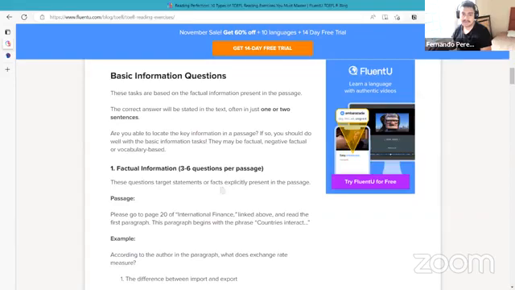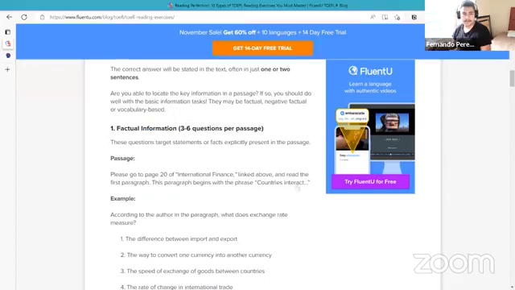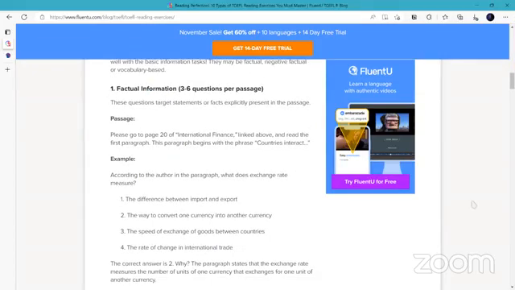Read these, for example. Help me, Israel. Let's read what is factual information. Factual information is the question type. This question targets statements or facts explicitly present in the passage. Please go to page 20 of International Finance, linked above, and read the first paragraph.